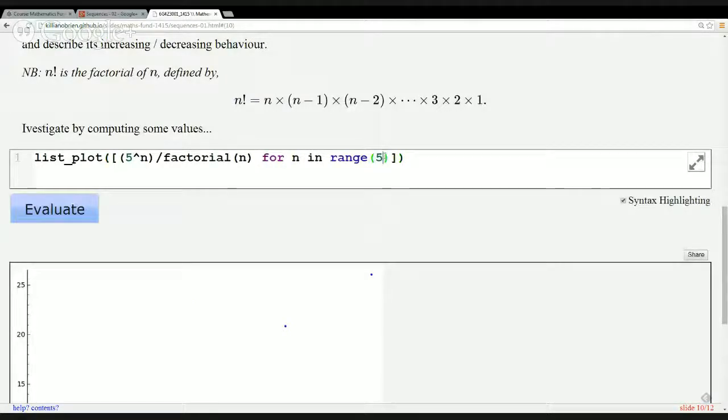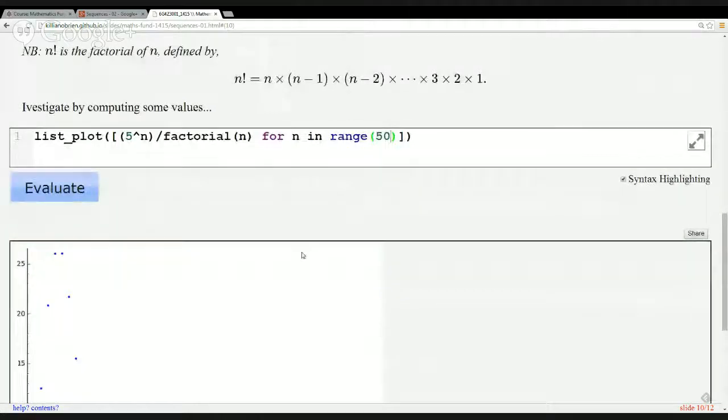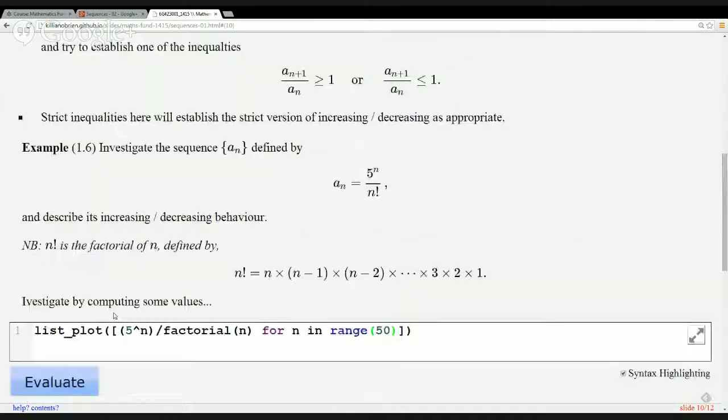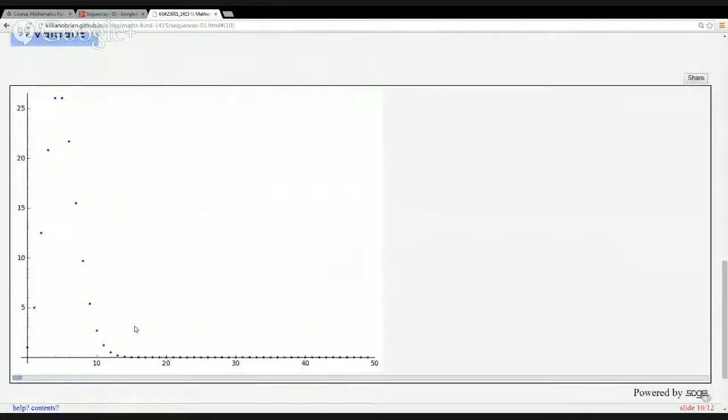If I increase the amount of elements I'm considering, look at the first 50 instead, well, then you see a clearer pattern of behavior: the sequence increases for the first few terms, maybe around the 4th or the 5th term, and then it starts to decrease very quickly, and indeed the terms shrink down very low very quickly. Okay, so that tells us what to expect.